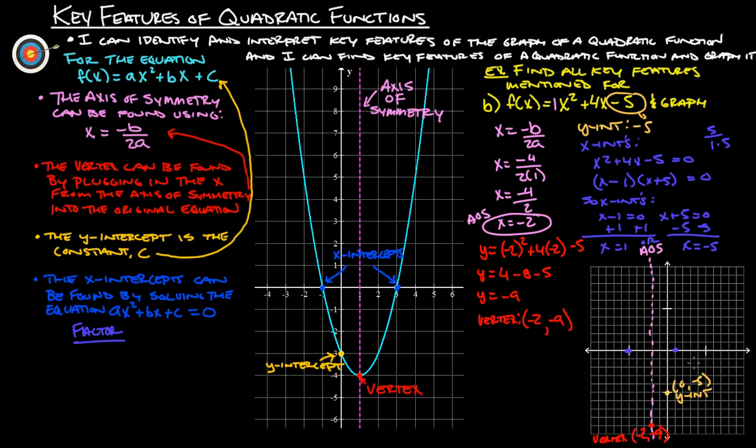Okay? And really, once we have that, we've got a lot of info to be able to come up with our graph there. So we know that everything's going to mirror image over here, so that's 2 units away. So we go 2 units over there, and we've got that point there. And we can even say that our slope is up 1 over 1 from our vertex, up 1 over 1, up 1 over 1.